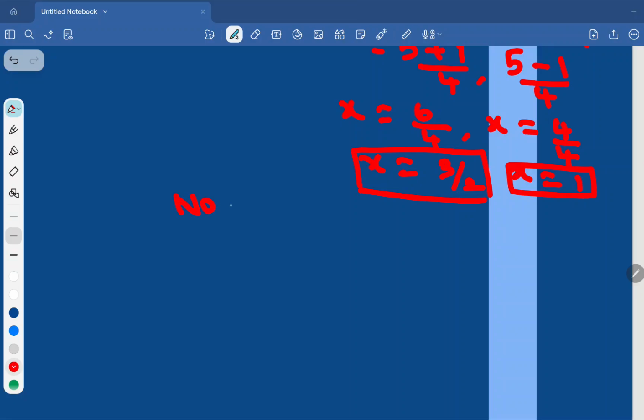Now, one important result, that is nature of roots. 1. D greater than 0, 2 distinct real roots.